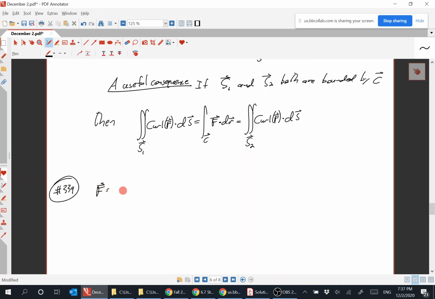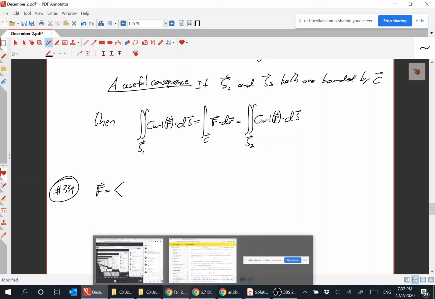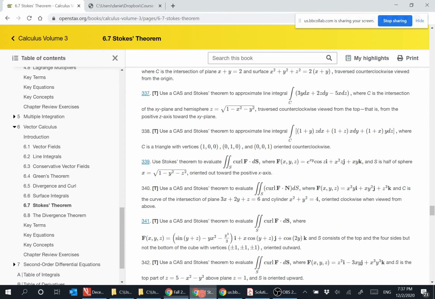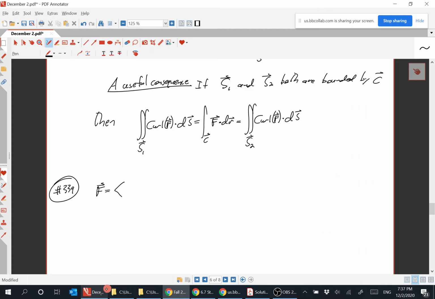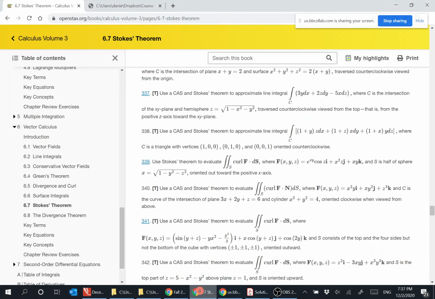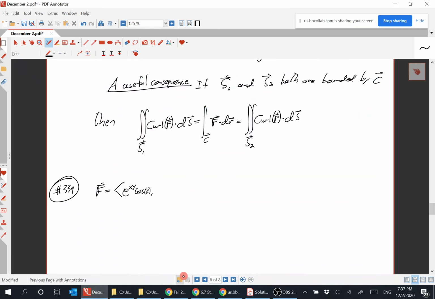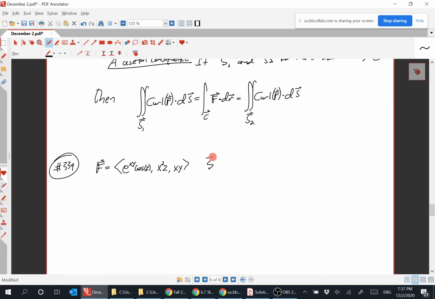So F is equal to e to the xy cosine z, x squared z, xy. All right, and then S is equal to this.